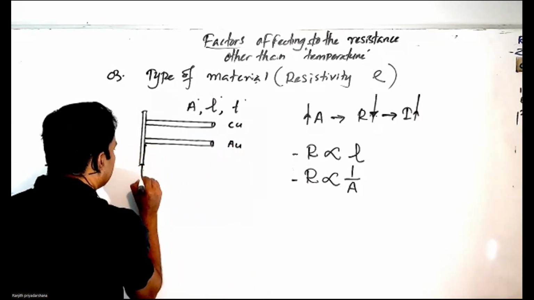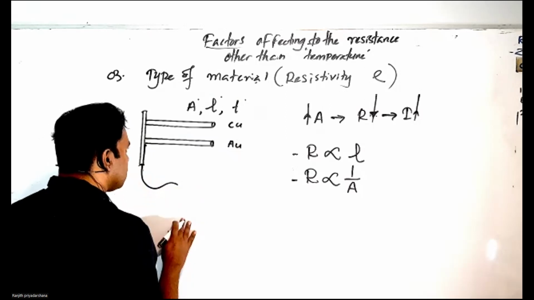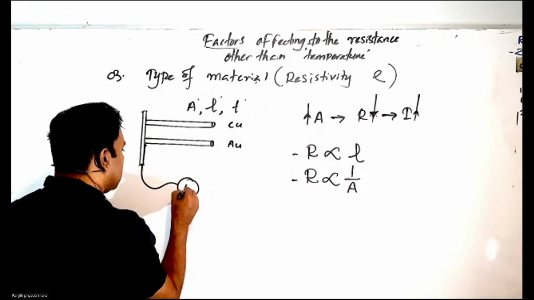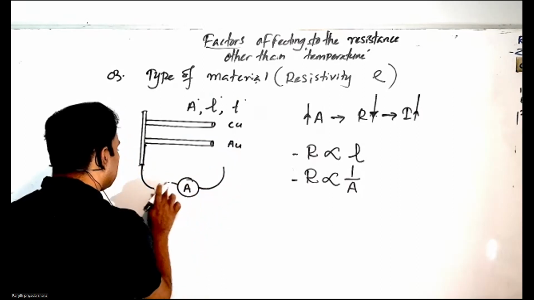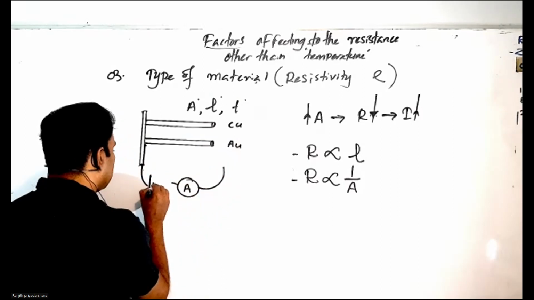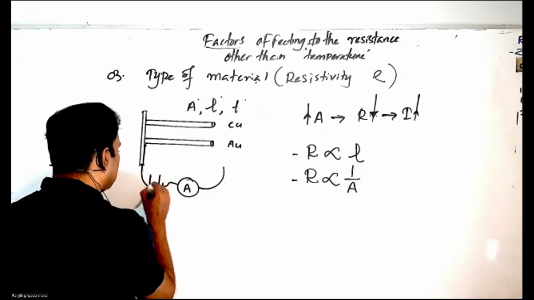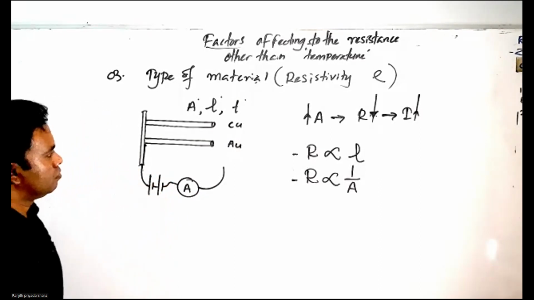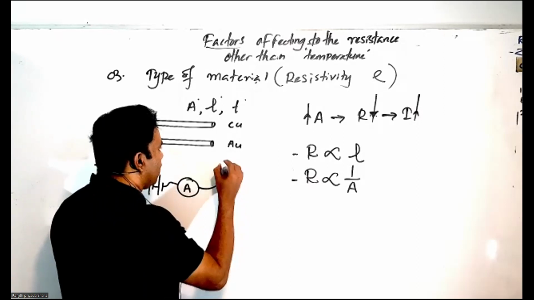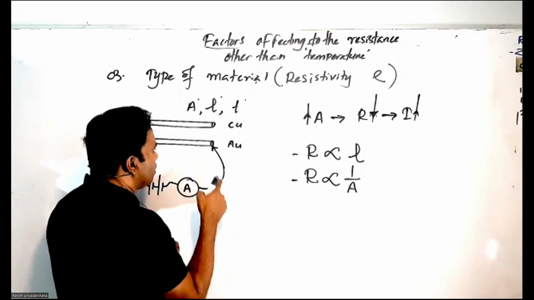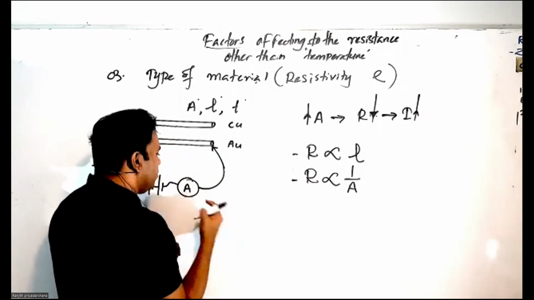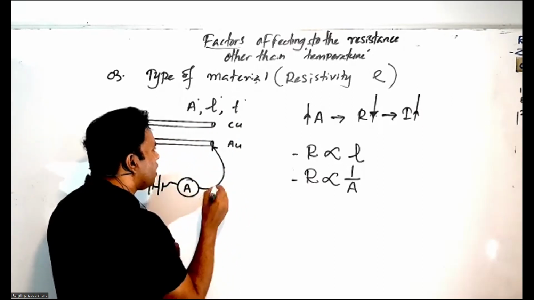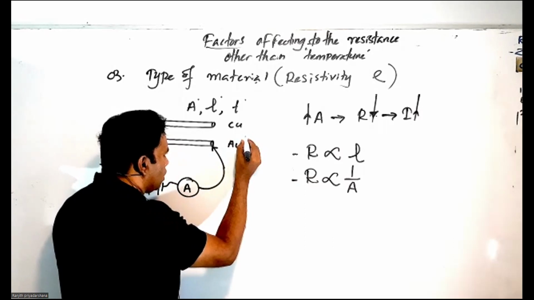So this conductor, with the ammeter, now we can check. Although the area, length and temperature are constant, you can see somewhat higher current passes through gold.